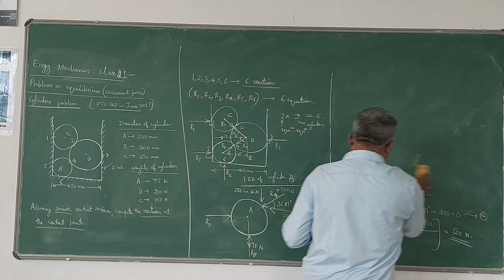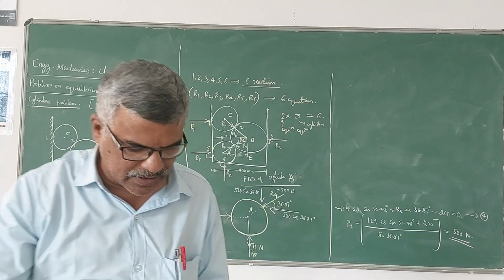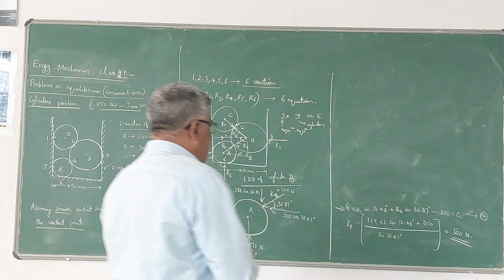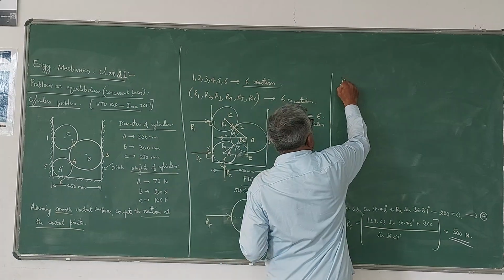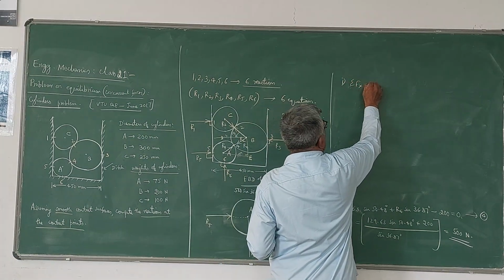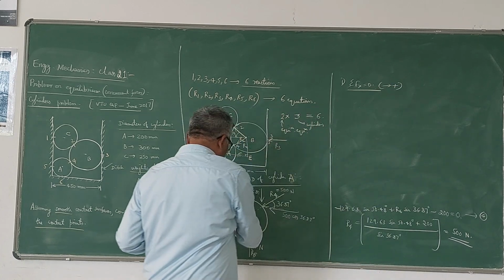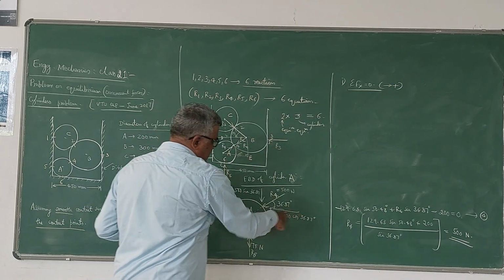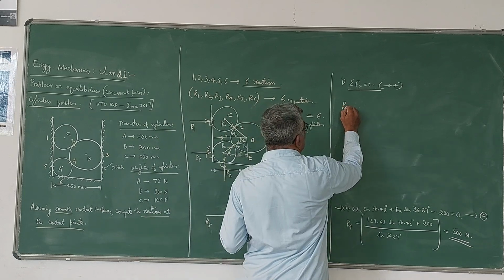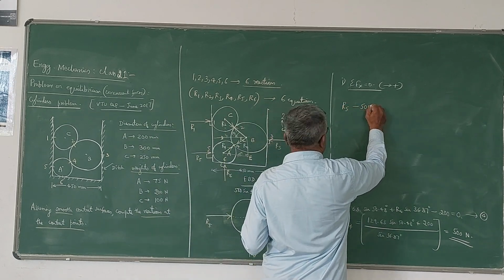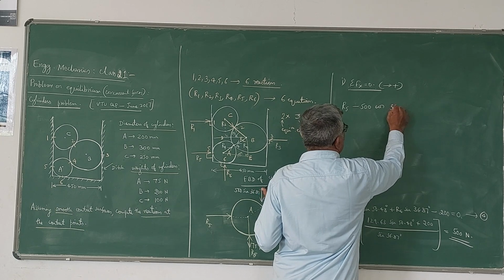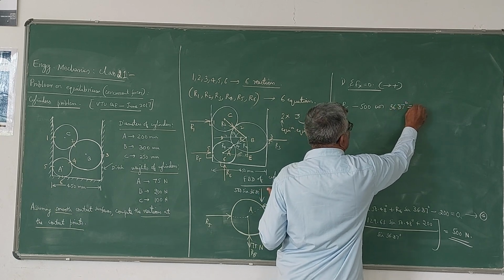So sigma Fx is equal to 0, towards right positive, left negative. R5 is positive and this is negative. So R5 minus 500 cos 36.87 degrees is equal to 0.